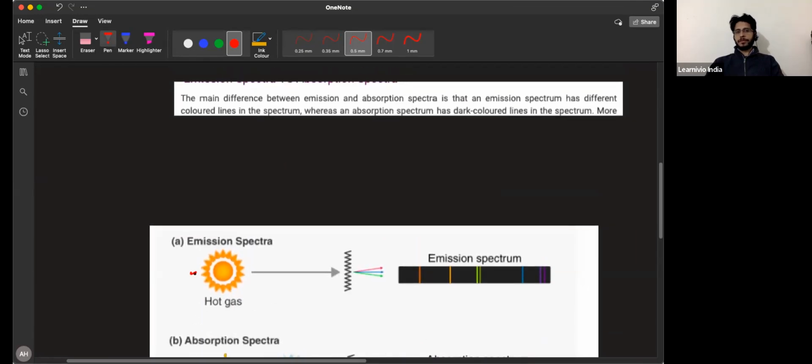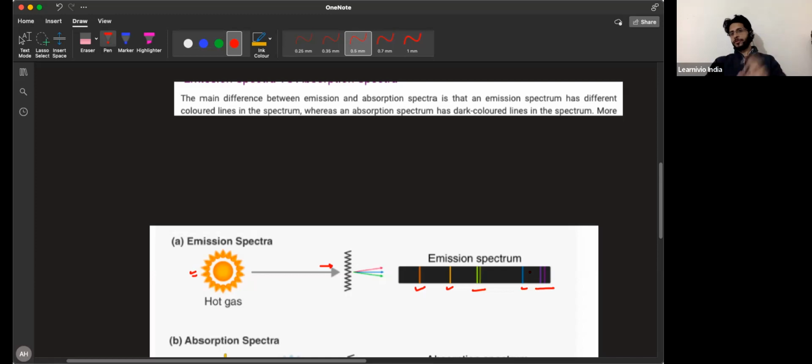Say you take a hot gas; this could be hydrogen, helium, or lithium. The gas will emit radiation when its electrons jump from a higher energy state to a lower energy state, and you may get this type of spectrum. Black color means these radiations are not emitted. The gas has emitted this color, this color, this color and this color.